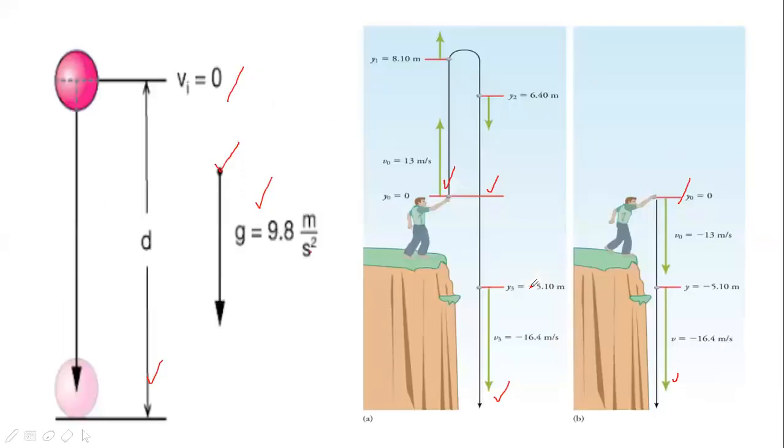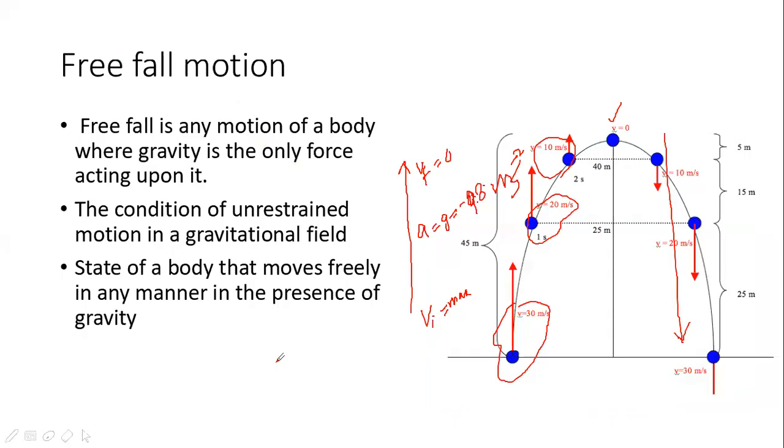This is the motion of an object. Here initial velocity is 0, g is 9.8 meter per second square, and final velocity will be maximum. So when a body is thrown upward, its initial velocity will be maximum, acceleration will be negative, final velocity will be 0.